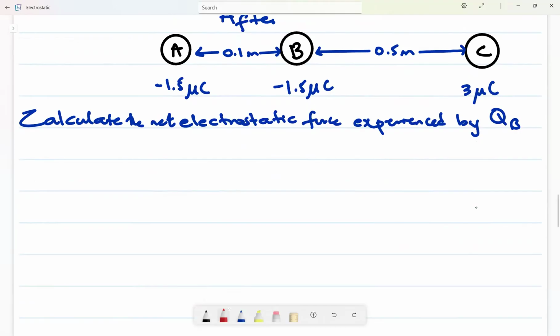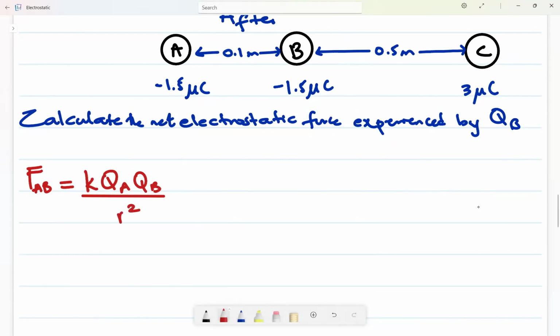Now we need to calculate the net electric force experienced by QB. QB will experience a force due to A, so we'll say the force that A exerts on B. Remember the formula for Coulomb's law is K Q_A Q_B all divided by R squared.